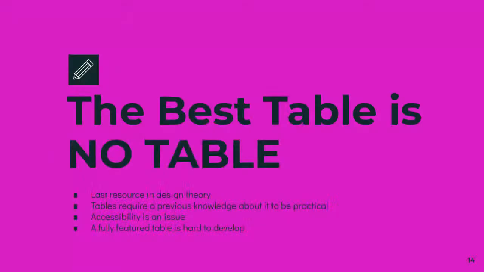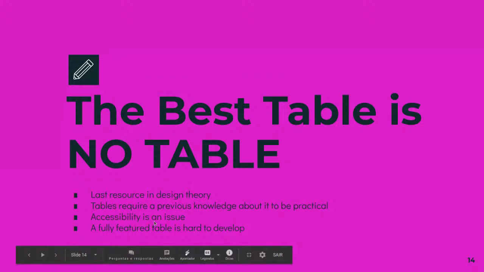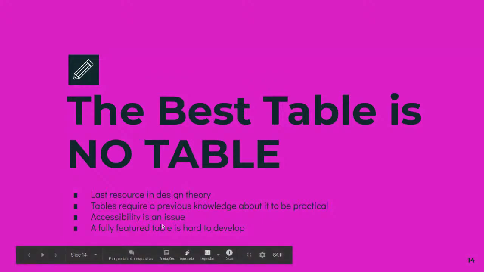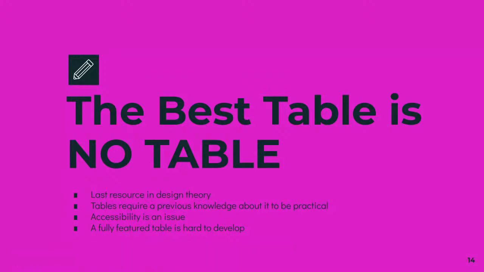And also there's another problem, that's accessibility. It's really hard to make a table accessible for people that are using screen readers, for people that have TDAH, some kind of cognitive disorder.